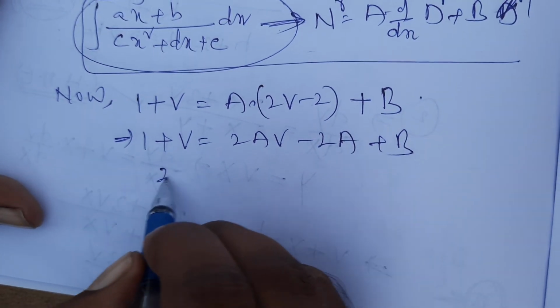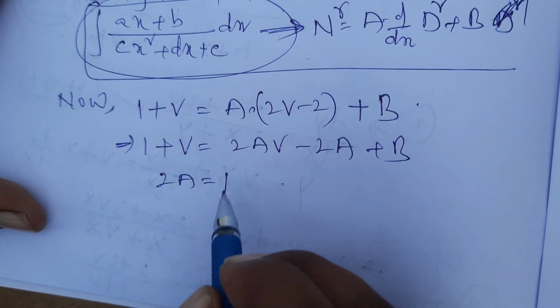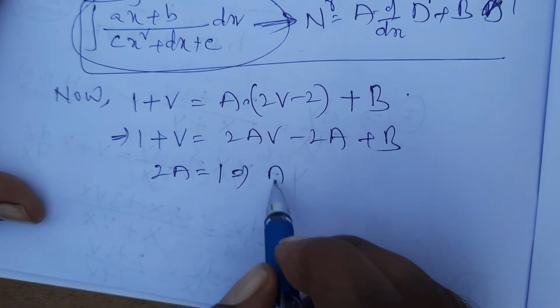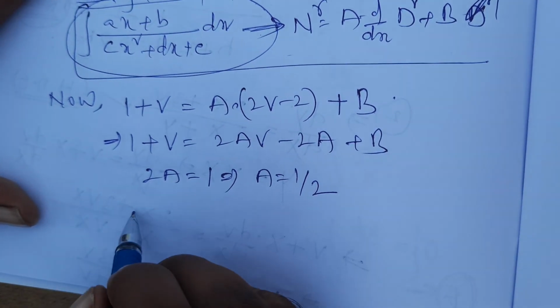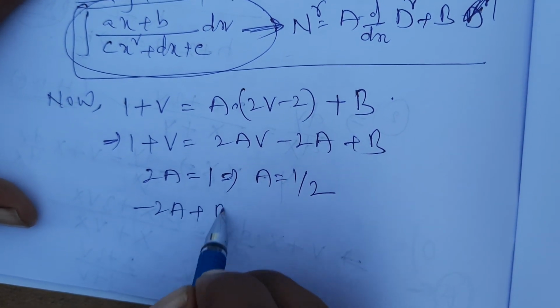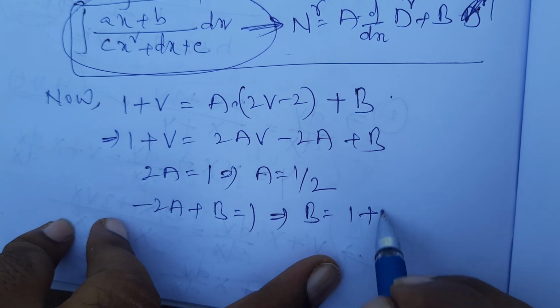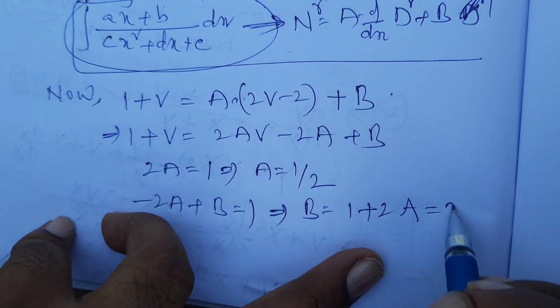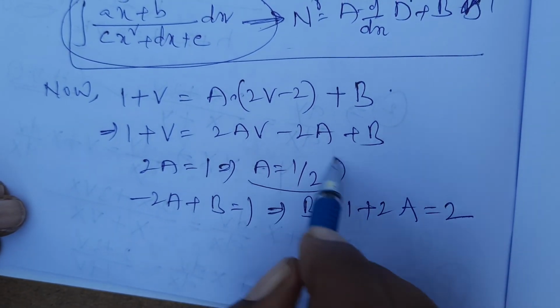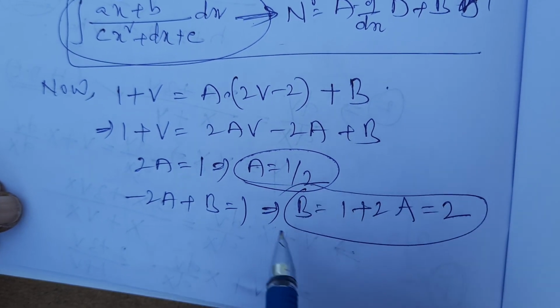Comparing v coefficients, 2a = 1, so a = 1/2. Next, minus 2a + b = 1, so b = 1 + 2a, which equals 2. So a is 1/2 and b is 2.